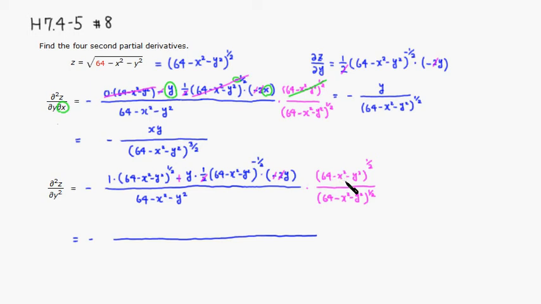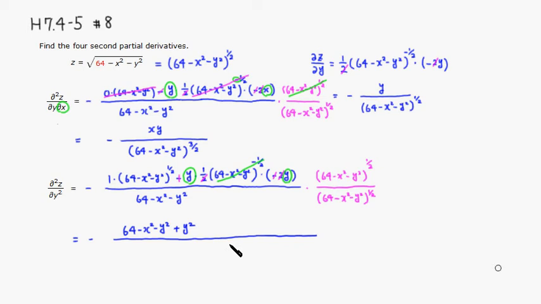So this guy times that guy, it's basically square root times square root, so it's just 64 minus x squared minus y squared. And these guys cancel out, so this guy cancels with that guy, so that's gone. What's left is going to be y here, and there's another y there, so that's y squared, so this is going to be plus y squared.